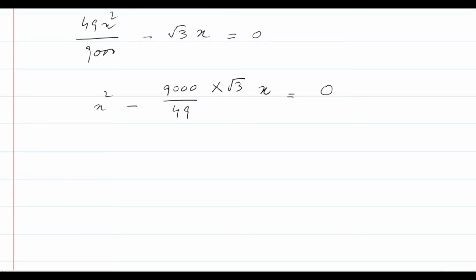Now you can take x as common and you are left with x minus 9000 under root 3 over 49 equal to 0.